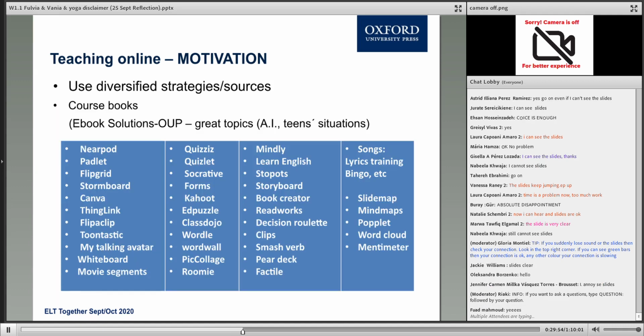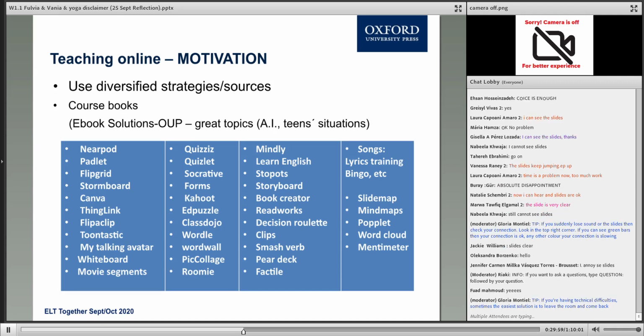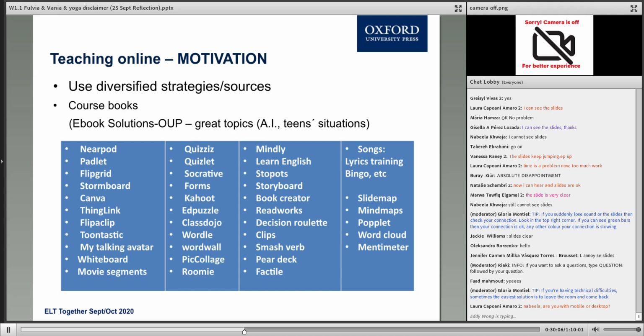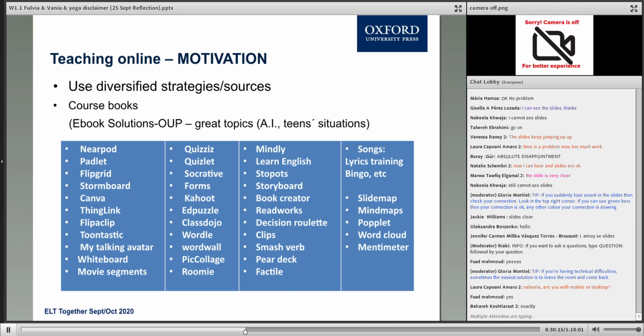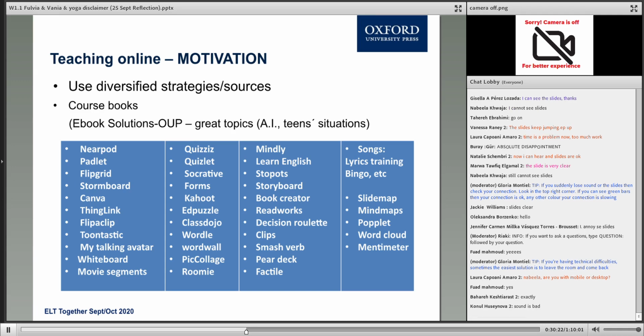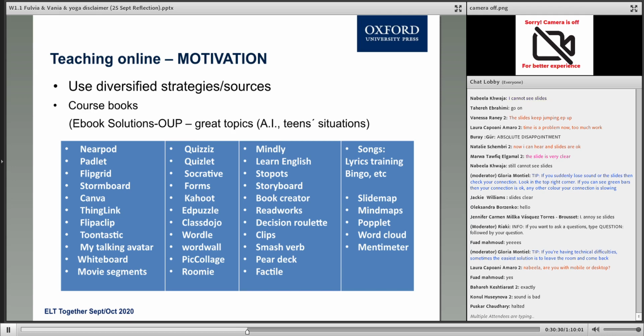We have tried to adopt diversified strategies and sources. Of course, the teachers already used lots of apps in face-to-face classes, but now they had to learn how to use different apps, because different situations require different kinds of interaction. So those are some of the apps the teachers have been using at school, so that they can engage students and keep motivation up.